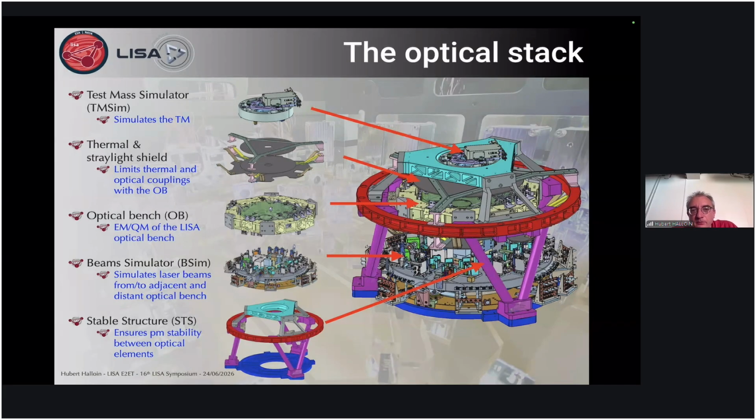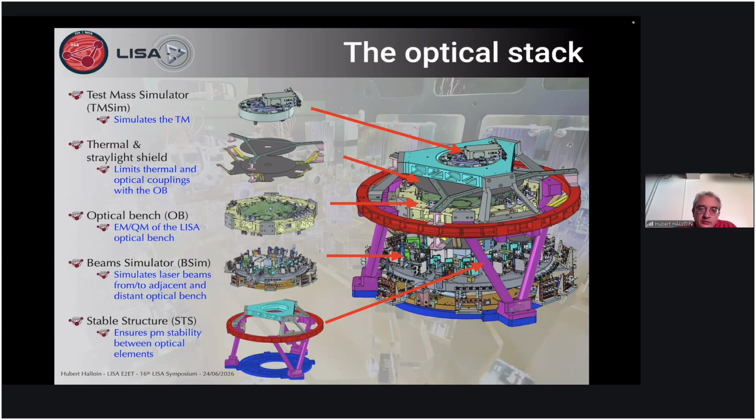Then below the optical bench, we have what we name the beam simulator, which is actually the most sophisticated bench we have to develop, which is here to simulate the laser beams incoming and receiving the beams outgoing from the optical bench.